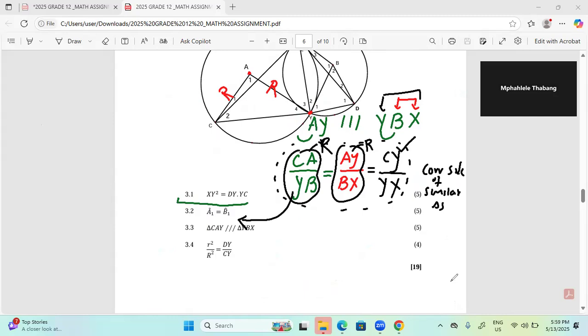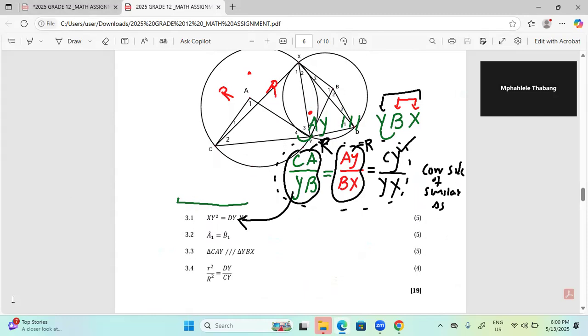So let me go to the small circle. From the small circle, what is my radius? It's BX. The distance from B to X is my small letter r, the radius of the smaller circle.